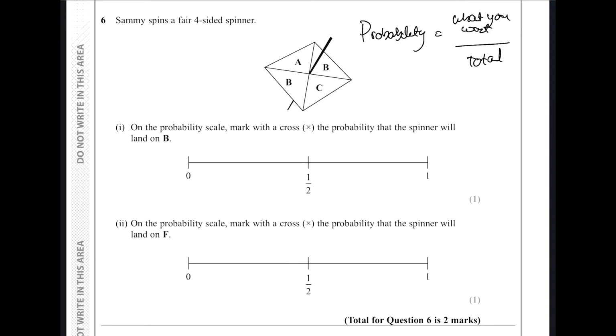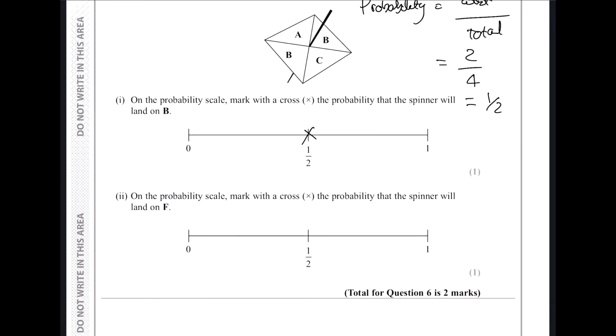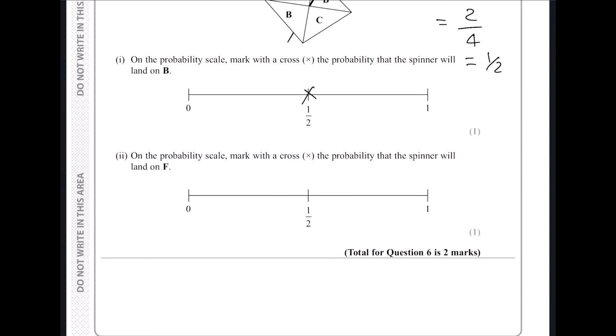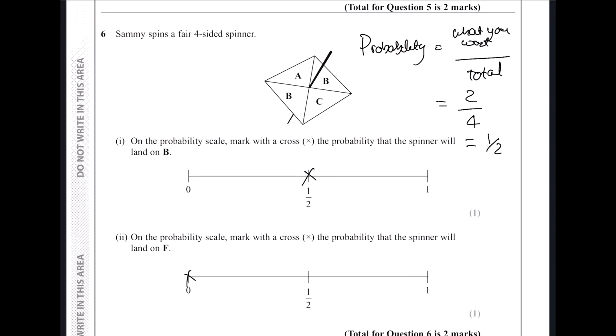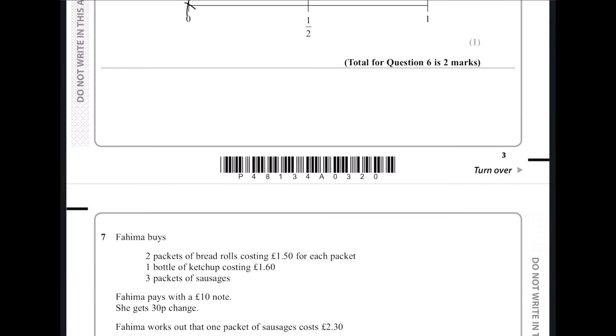So what we want is B's, and as you can see we have 2 B's, and in total there's 4 things. And if you were to simplify that, you get 1/2. So you'd have to put a cross there. What's the probability that it will land on F? Well, that will be 0, and the reason is that F doesn't actually exist. It's not an option on our spinner, so there's 0 chance of it happening.